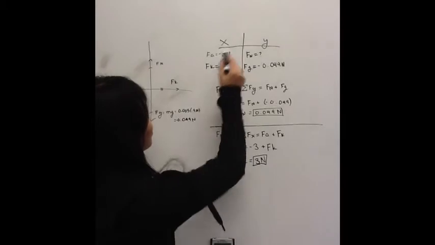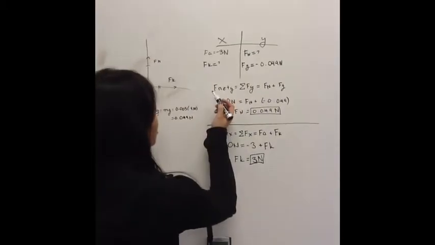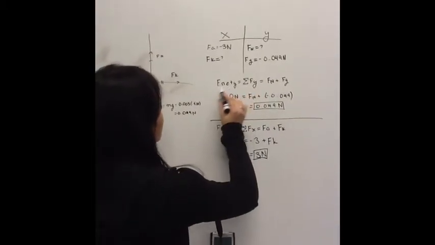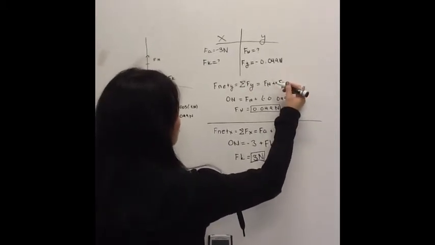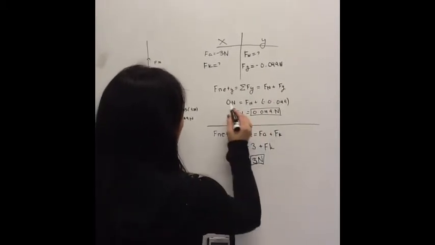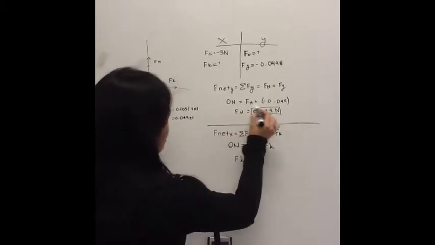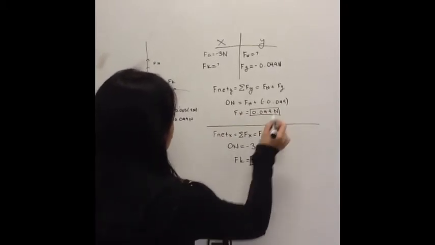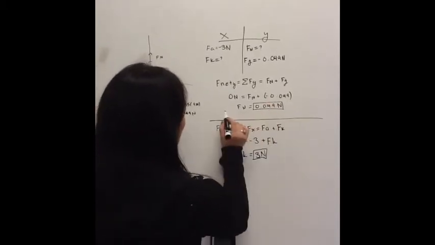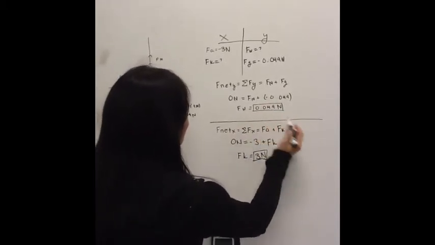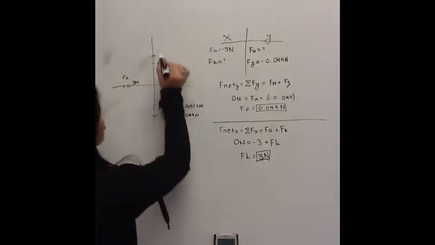And then when you combine the 2 forces in the y direction, you get the F net. The F net is the normal force plus the force of gravity. And when you set it equal to 0, it's Fn plus -0.049 newtons. And then you add the force of gravity to both sides, and you get 0.049 newtons for the normal force.